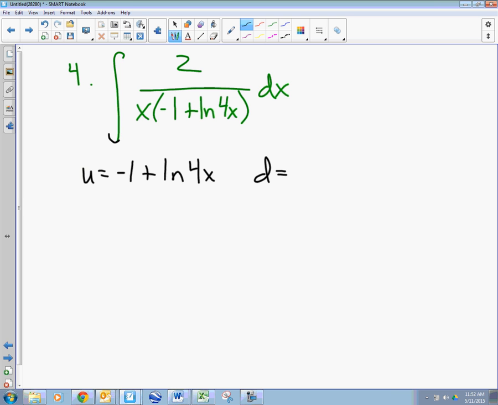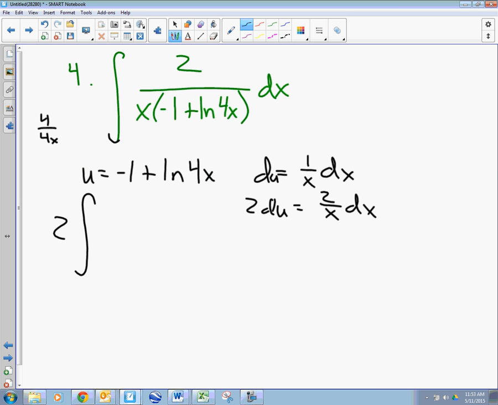Derivative of natural log of 4x. So the derivative of the inside is 4 over, derivative of the outside is 1 over u. And what is u? 4x. So you still just get 1 over x dx. You have a 1 over x dx. You have a 2. So 2 du is equal to 2 over x dx.